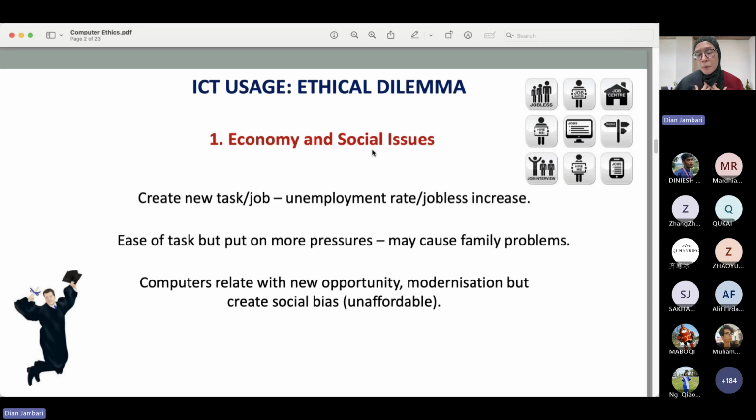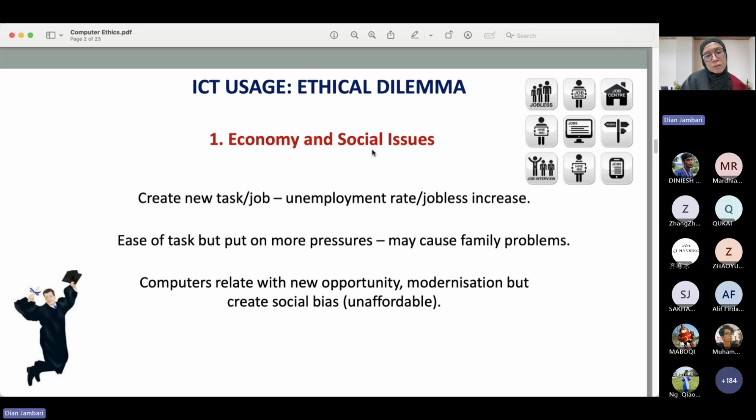It can cause mental health problems, and when we're not healthy mentally, we as individuals may not function well in our community or in our society. So that's a social issue that was caused by ICT.